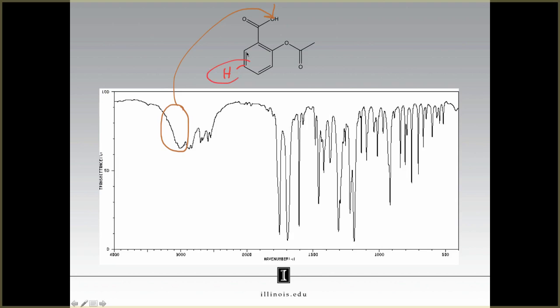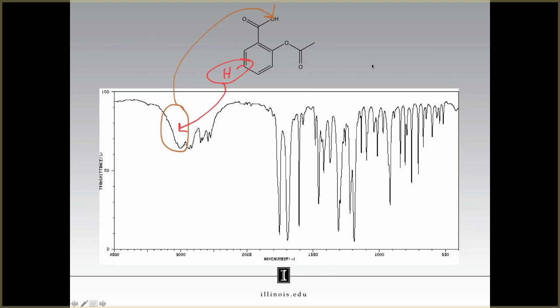The stretches belonging to these bonds are present. Unfortunately, they are being covered up by the stretch for the OH. This is an important lesson to learn for IR spectroscopy. Stretches corresponding to different bonds can overlap with each other.